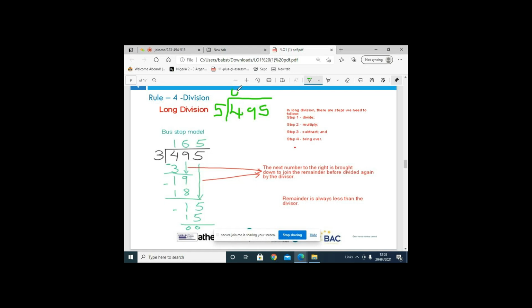So we're going to get the closest, that is 9. Then remaining 4. So it becomes 45 divided by 5. 45 divided by 5 is 9. So it's 99. That's the answer here.